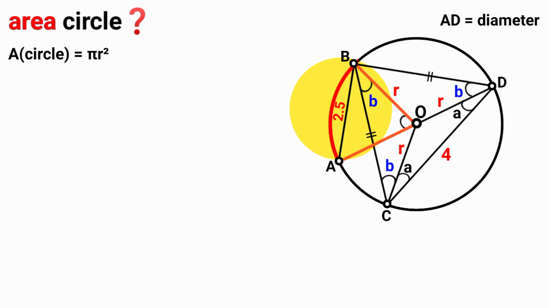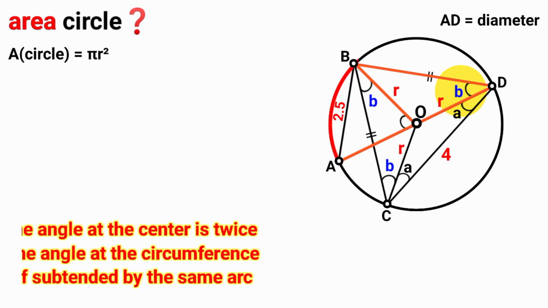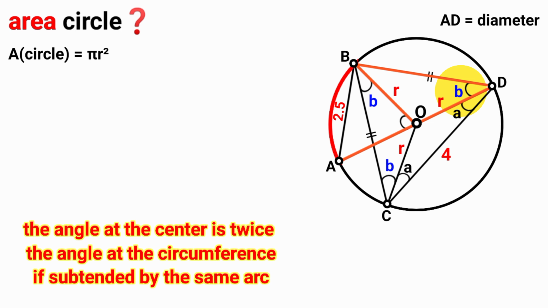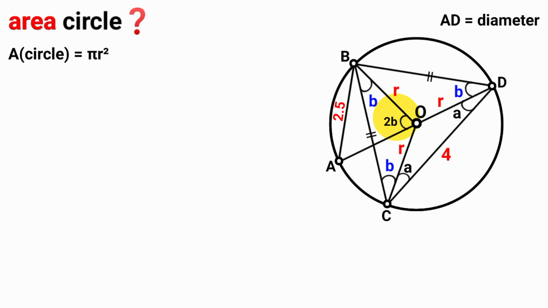The same arc AB subtends this angle B to the circumference. From the circle theory, there is a rule that the angle at the center is twice the angle at the circumference if subtended by the same arc. That is, this angle is twice the size of this angle B. So it is 2 times B, which is 2B.